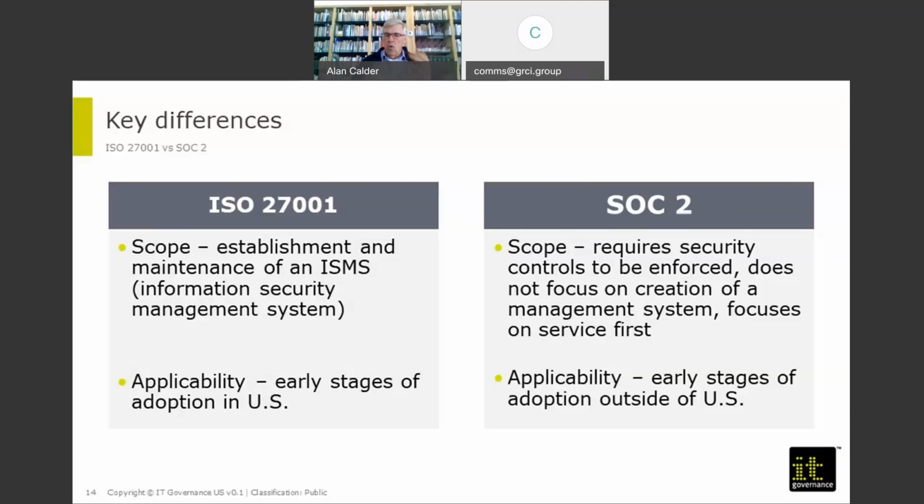One is an all-entity management system that generates benefits which are much broader than simply cybersecurity or confidentiality, integrity, and availability being safeguarded. SOC 2 is much more limited in terms of what it's applied to, much more specific in terms of how it operates.